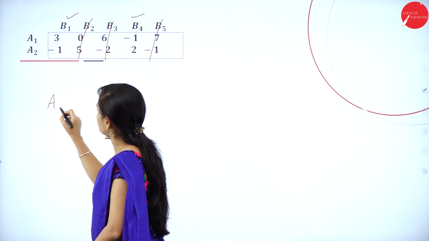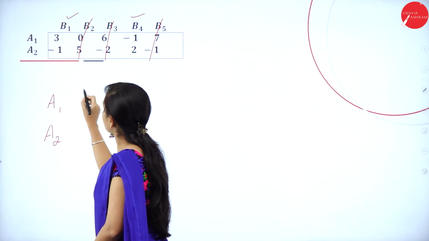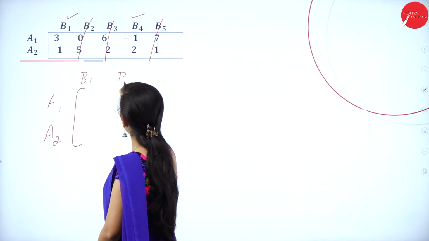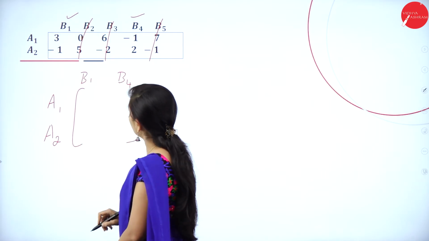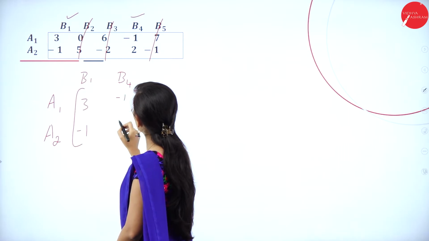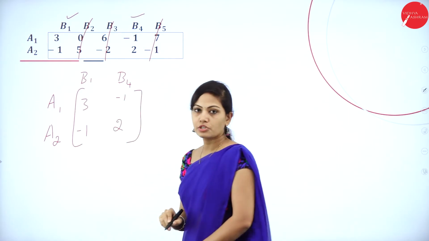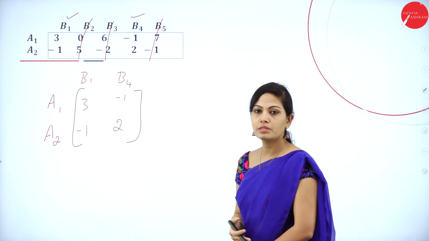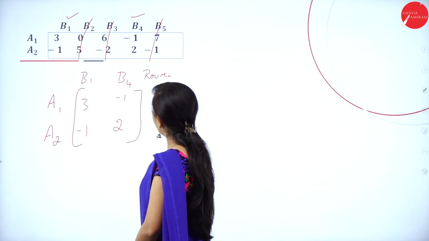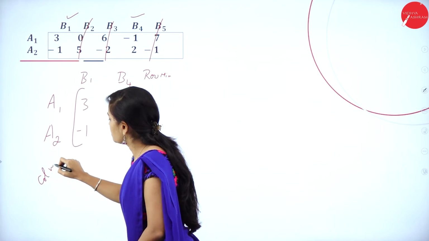So I'll write player A1 and A2. So B1 is selected and B4 is selected. Just write the points 3, -1 and -1, 2. So now again you can use the previous method called row minima and column maximum.